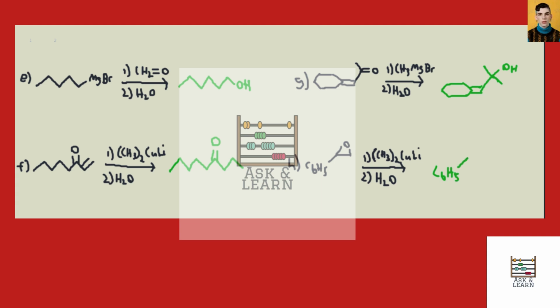And so again, the copper lithium is going to act as a nucleophile and attack at this carbon. And so what we end up with is an alcohol here. And there's our second carbon from the epoxide. And then since it was a methyl cuprate that we were using, there is our added methyl group. Okay, and so that's the product for H, and that's the answer here.